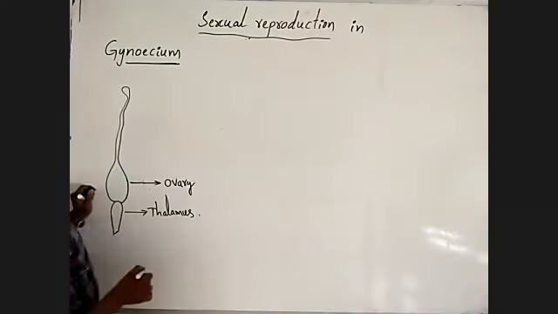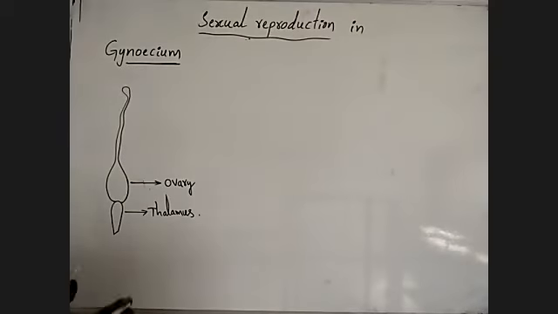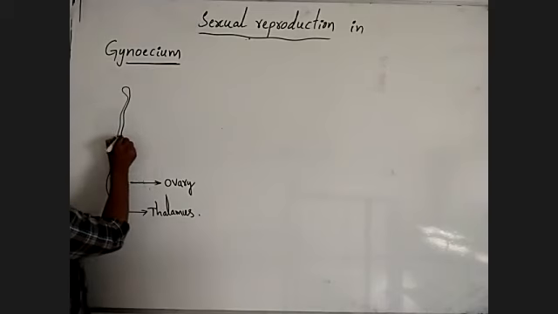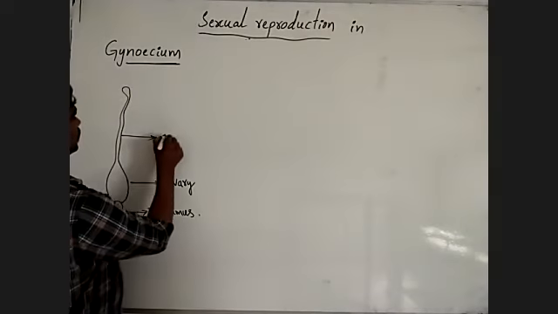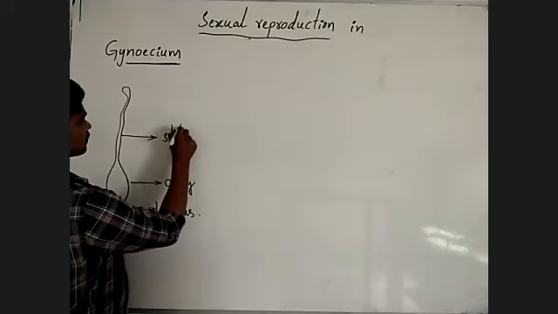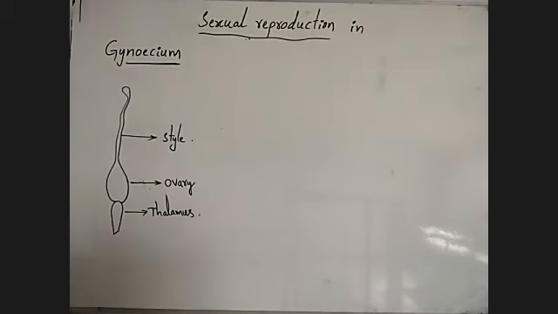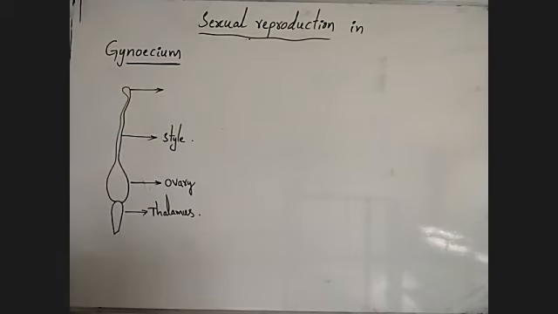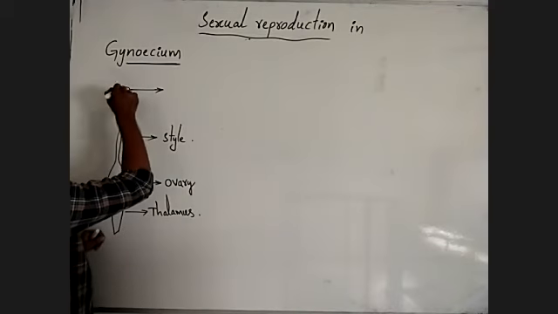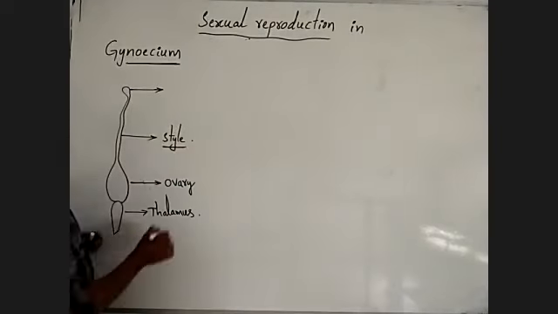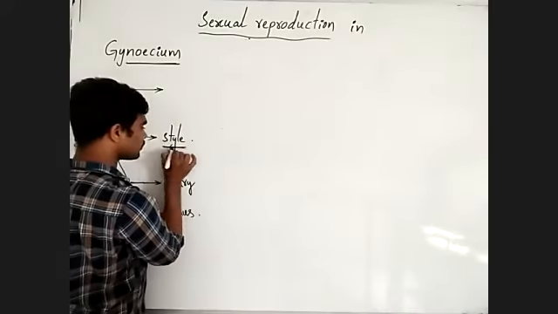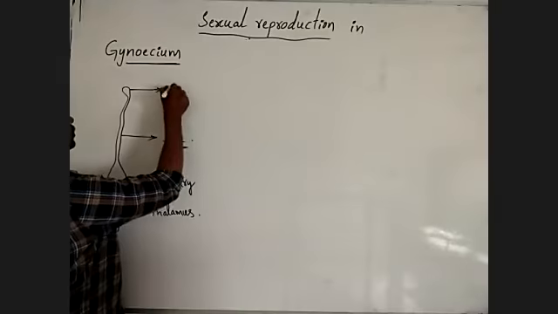ovary. Next, a tube-like elongated structure is called style. Next, the knob-like structure present at the tip of the style is usually called stigma.